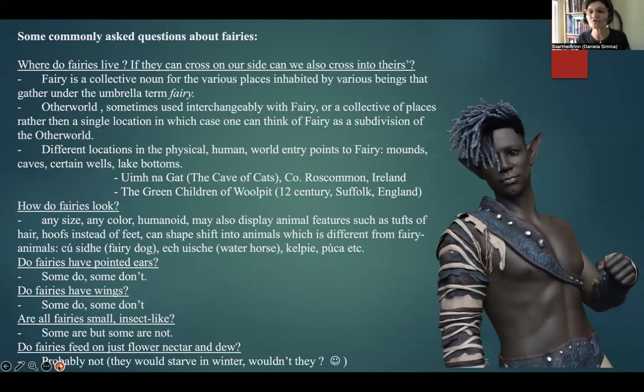Some commonly asked questions about fairies. Where do fairies live? If they can cross on our side, can we also cross into their side? As I said already, I'm going to use fairies here as a collective noun.